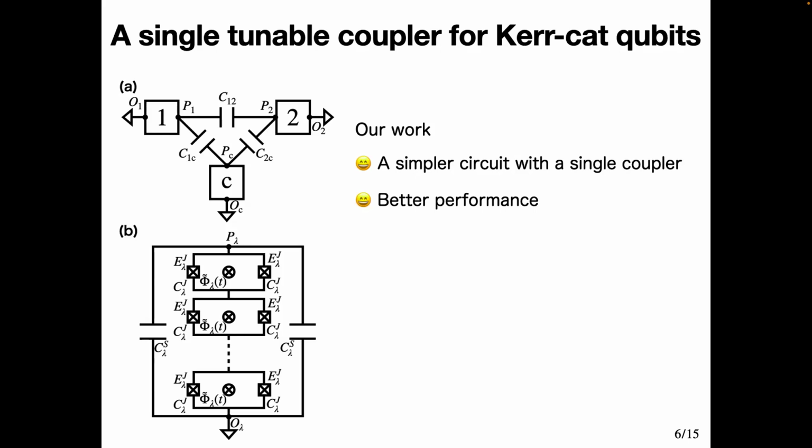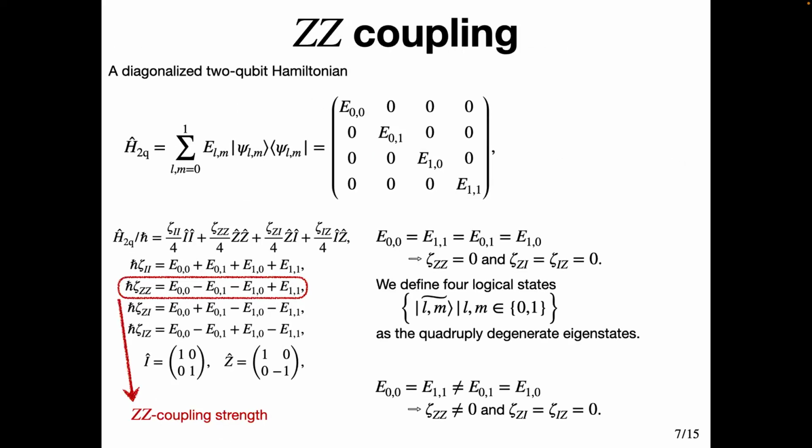Our circuit performs better than the previous one. Before I explain the ZZ coupling between Kerr-cat qubits, let me explain a ZZ coupling of a diagonalized 2-qubit Hamiltonian.